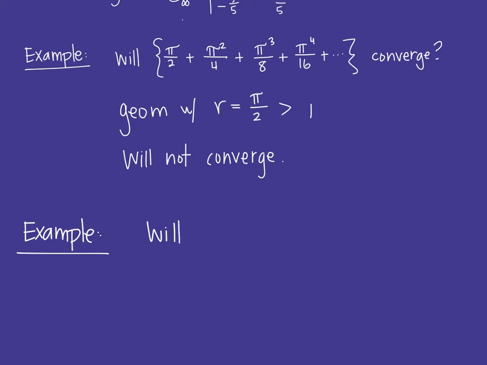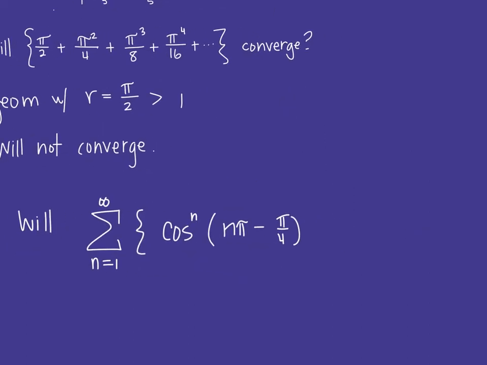All right, this is the last one I have for us. All right, will the series starting at 1 ending at the infinite term of cosine n, okay, so 2 to the n, of n pi, let's do n pi, that's better, n pi minus pi fourths, converge?